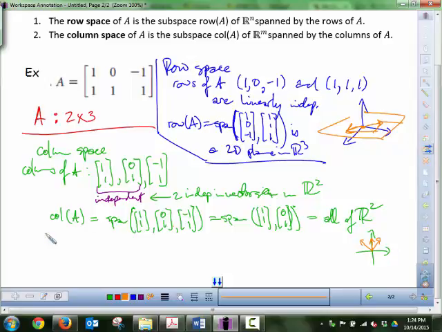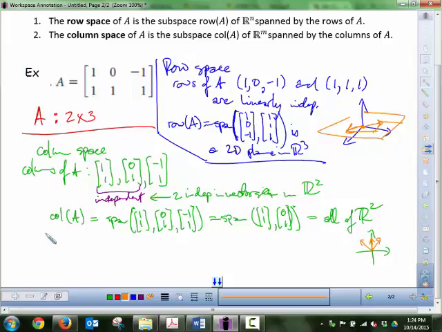So we just did this by inspection because we knew some information about R2 and R3. But if this were to go to a higher level, then we can't rely on just our intuition necessarily, unless you really have good intuition.